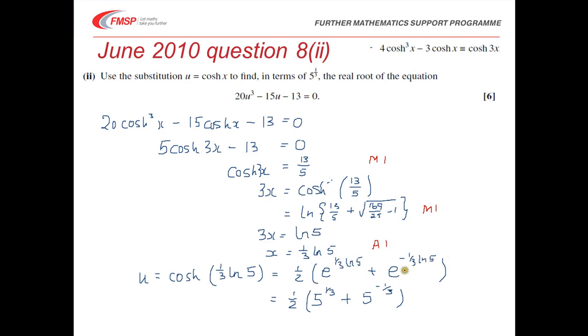You then got a method mark for substituting it in here, going back to your u, another method mark for using the exponential definition of cosh, and an accuracy mark for evaluating that. So 6 marks for the second part, 4 marks for the first part, so 10 marks in total for that question.